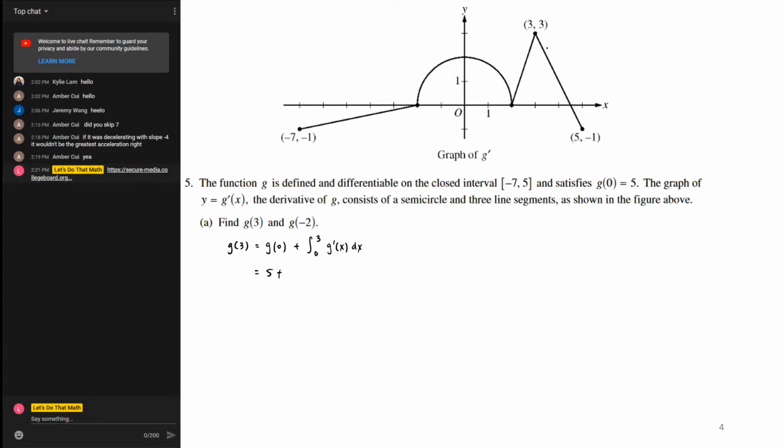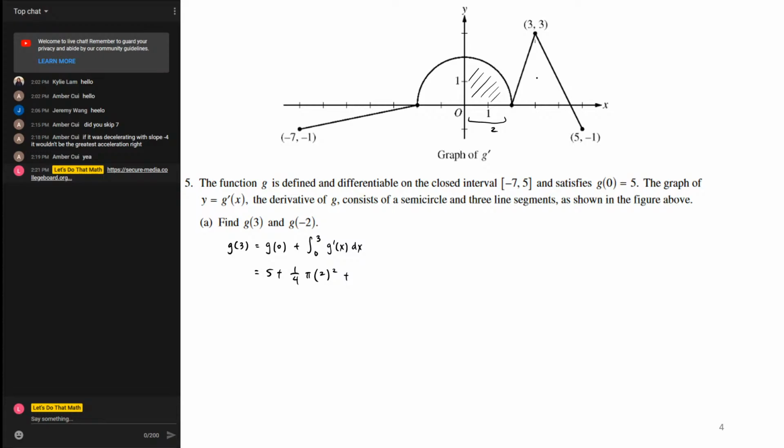We add 0 to 3. Well, 0 to 3, first we have this quarter of a circle, right? So that's from 0 to 2, so it's a quarter of a circle. So it's 1/4 pi r squared, where r is going to be 2 here.